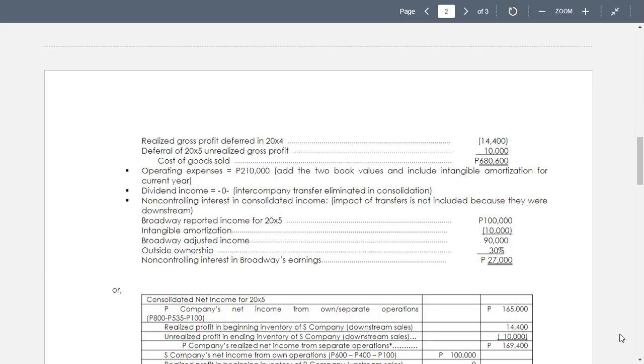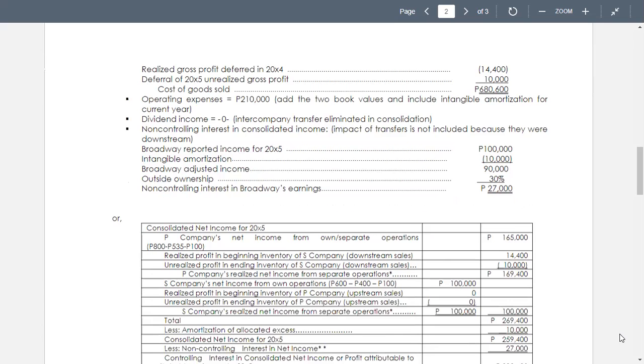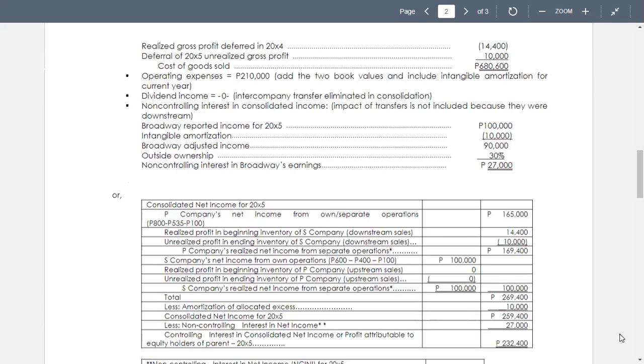Okay, now we go to another requirement here is letter D. How much is the inventory? Or we have an alternative computation. Consolidated net income for 20x5.